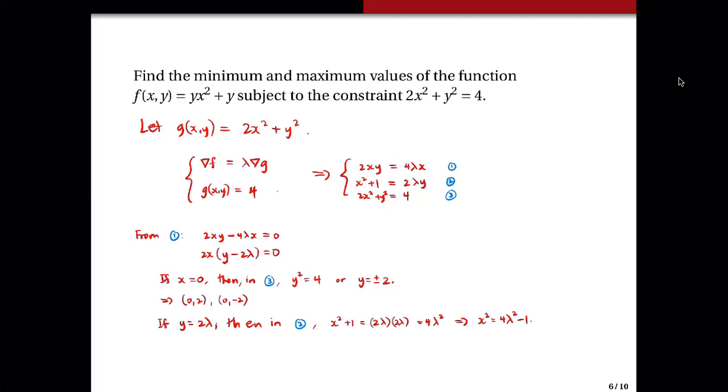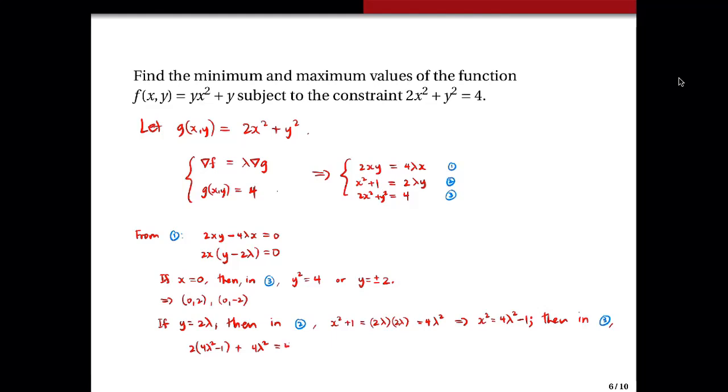And then in the third equation, what do we get? 2x squared plus y squared equals 4. But x squared is 4 lambda squared minus 1. So you have 2 times (4 lambda squared minus 1) plus y squared, but y equals 2 lambda, that becomes 4 lambda squared, correct?